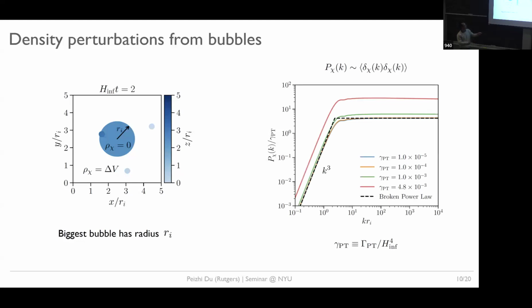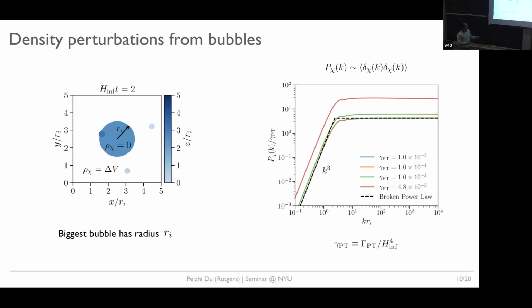The y-axis is the power spectrum over gamma_PT, where gamma_PT is a dimensionless parameter we define as gamma over Hubble to the 4th, and we demand it to be small for these slow first-order phase transitions. The power spectrum is the 2-point function of the dimensionless density perturbation, delta rho over rho. Different colors correspond to different gamma_PT we consider here.